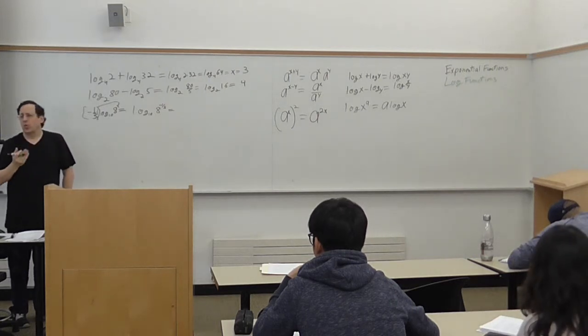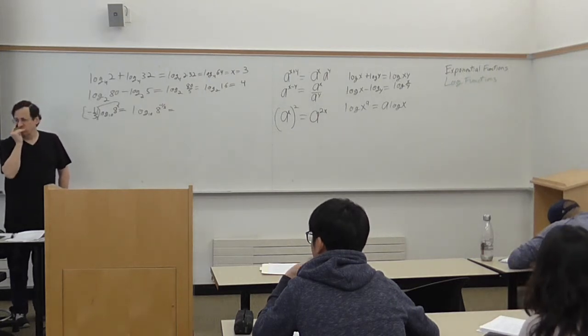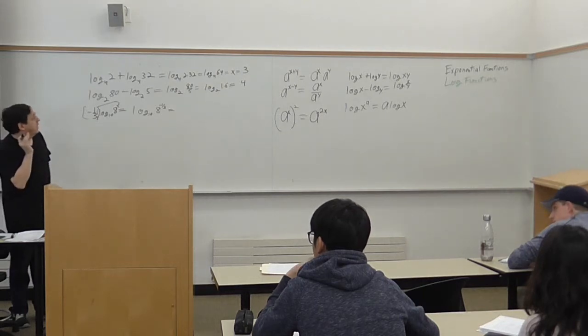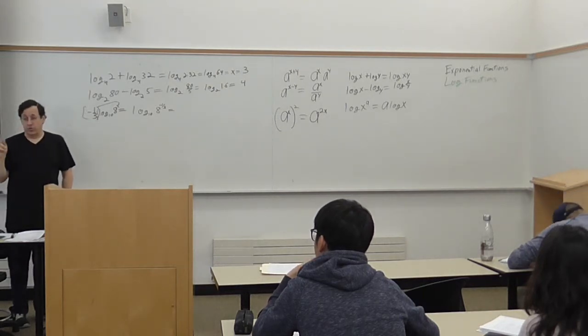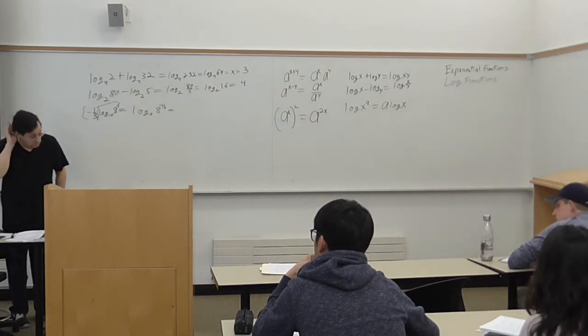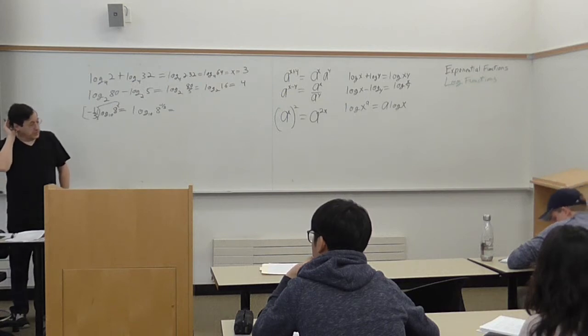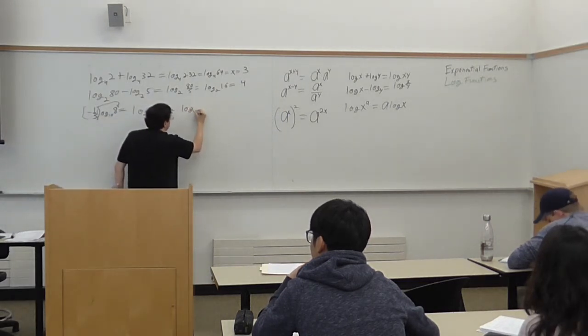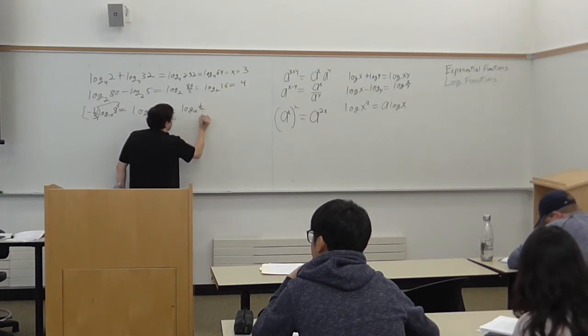So 8 to the 1/3 is 2. So 8 to the minus 1/3 is... didn't hear anybody clearly. Did someone say 1/2? Yeah, 1/2. So this is log to the base 10 of 1/2.